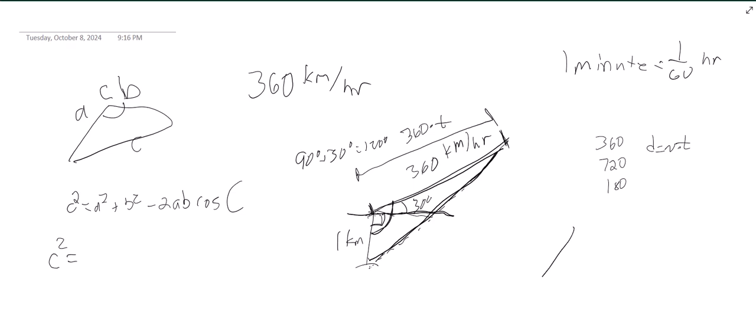Remember the law of cosines says you have two sides and the angle between them, then the third side is your c.